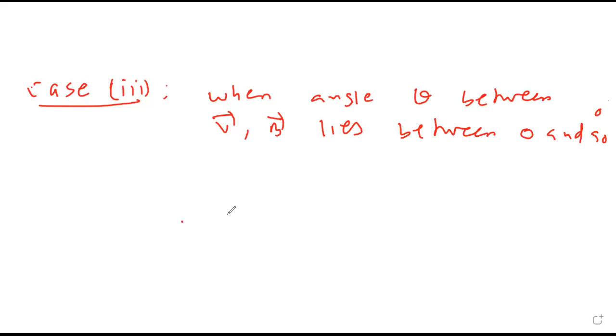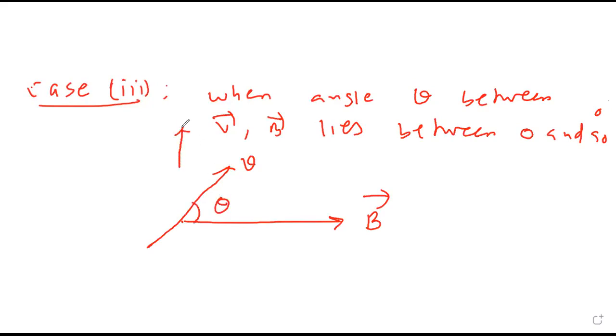That means if this is the field B bar, the charge is moving in the field with velocity V, making angle theta. Can we get two components of velocity, one along X, other along Y? The one which is adjacent to theta is called V cos theta. The other one is V sin theta.